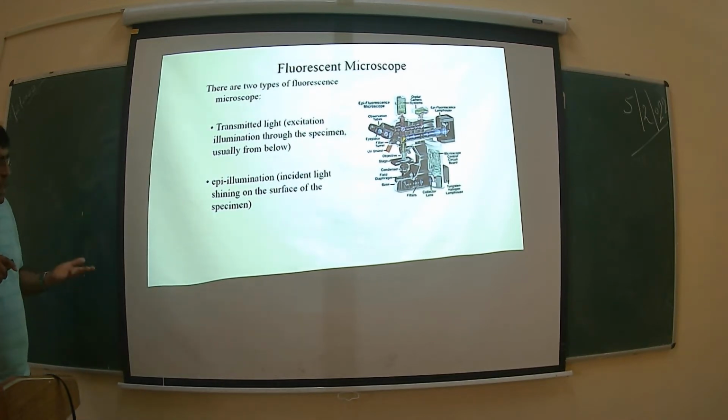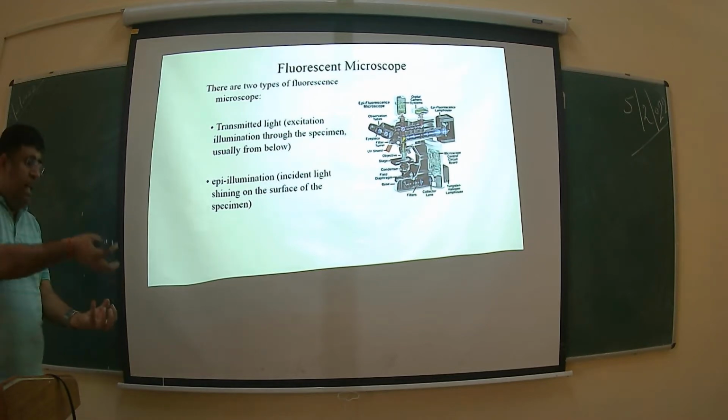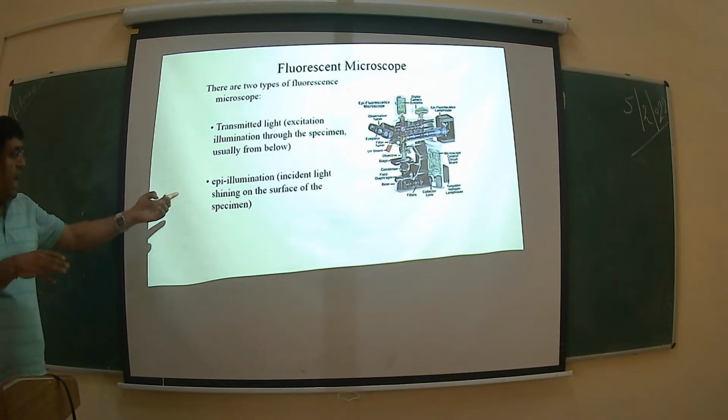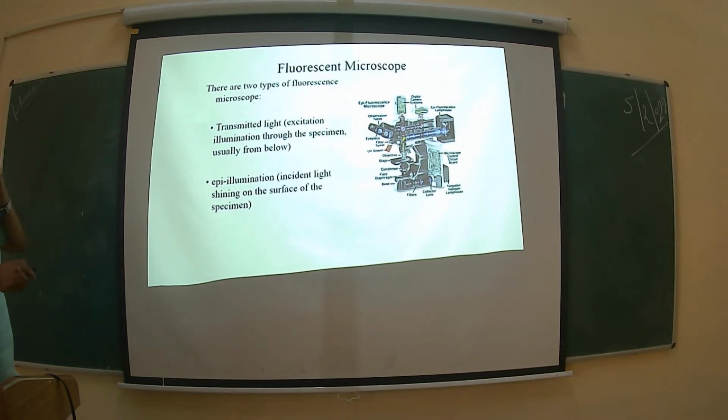It is again very simple. In transmitted light, the excitation illumination goes through the specimen, usually from below, and passes through the specimen. In EPI illumination, incident light shines on the surface of the specimen.